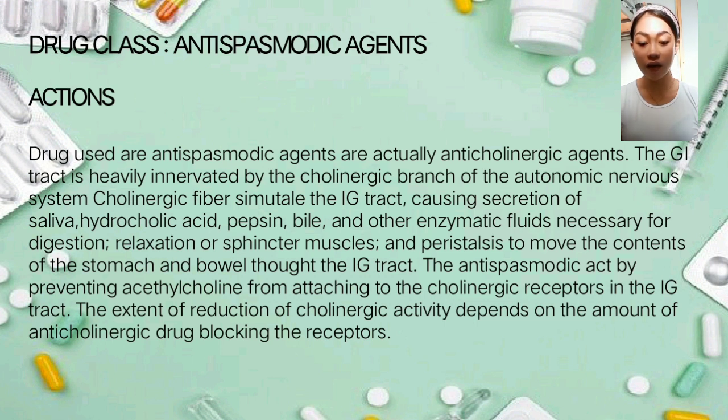The extent of reduction of cholinergic activity depends on the amount of anticholinergic drug blocking the receptors. Because the cholinergic fibers innervate the entire body, and these agents are not selective in their action to the GI tract, the effects of blocking the system are seen throughout the body.